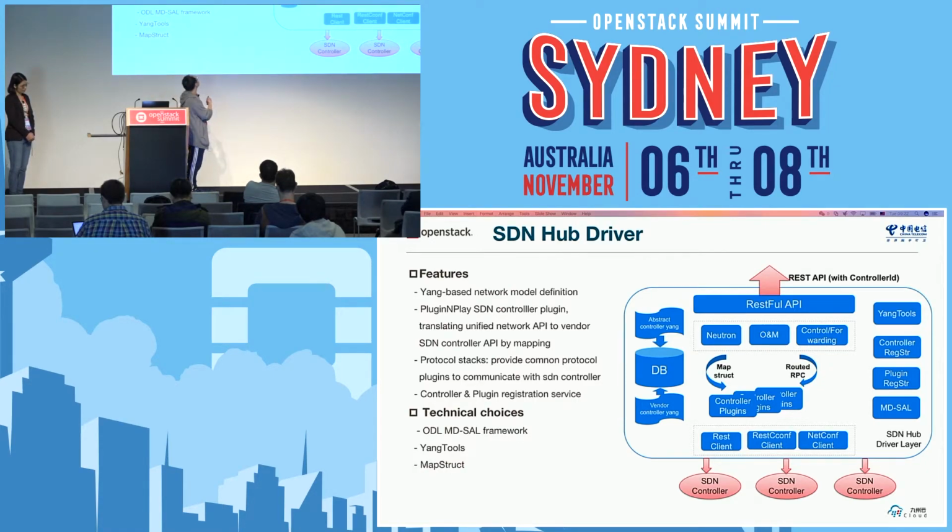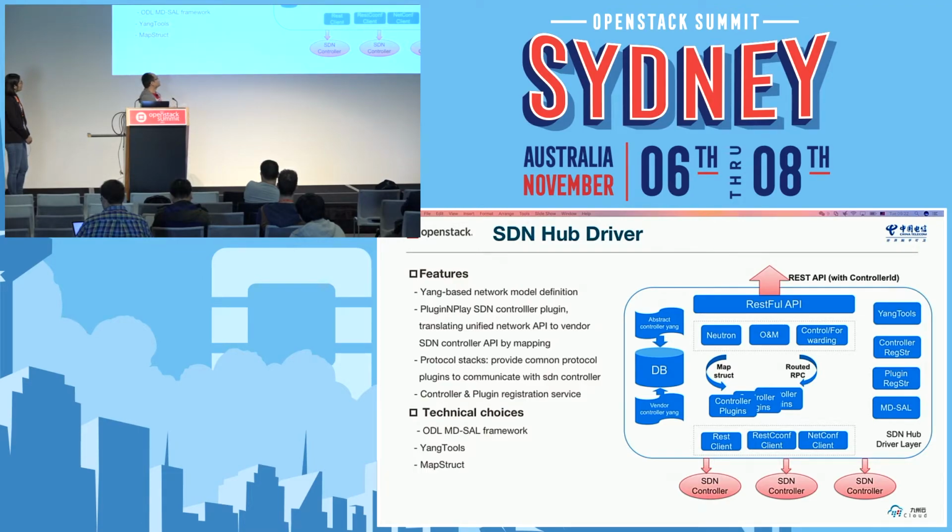And then our SDN Hub driver is the middle SDN controller. And the concrete SDN controller that comes from the vendor is the bottom level SDN controller. So we have 3 hierarchical SDN controllers altogether.